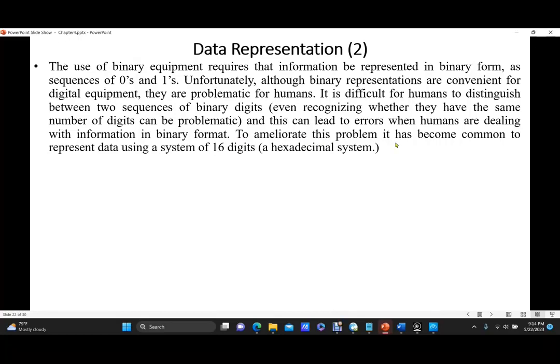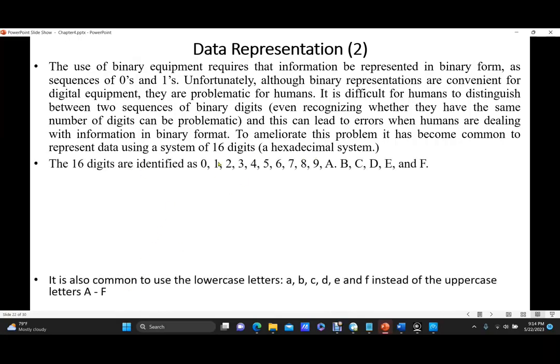To help with this problem, it has become common to represent data in the hexadecimal system, with 16 digits: 0, 1, 2, 3, 4, 5, 6, 7, 8, 9, A, B, C, D, E, and F. You can use uppercase A through F, or lowercase a through f.